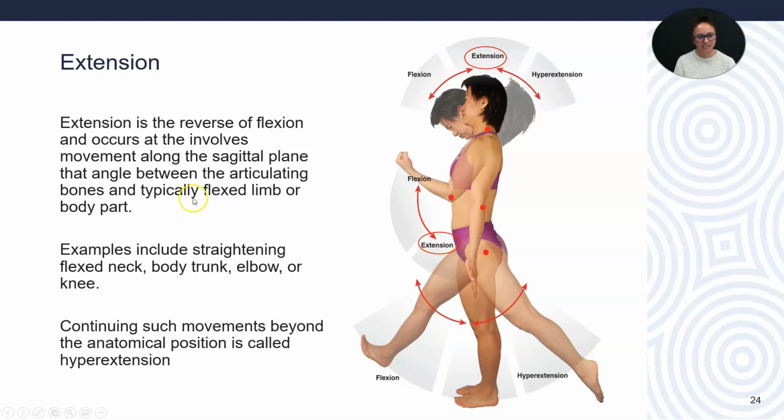So you're increasing the angle between the articulating bones. So bone 1 and bone 2, and you look at the different angles. If you're going beyond that, it's called hyperextension. So that's beyond the anatomical position. So remember the anatomical position that we learned about in 165. So if you go beyond that, it's hyperextension.